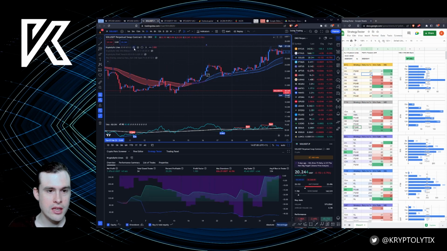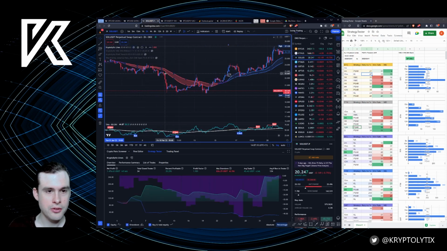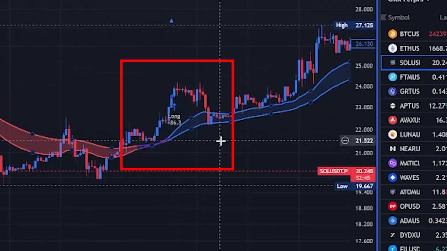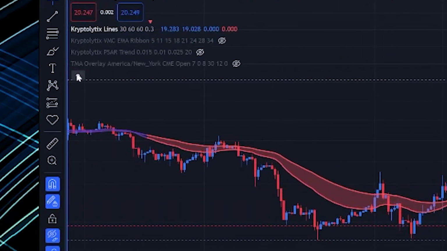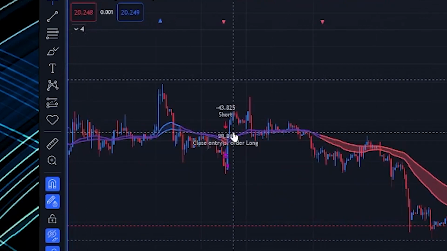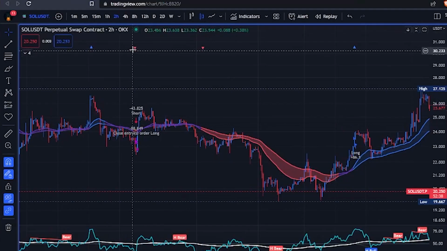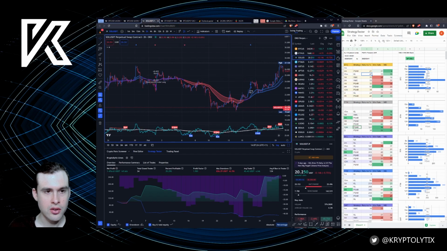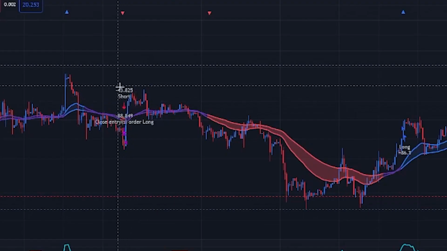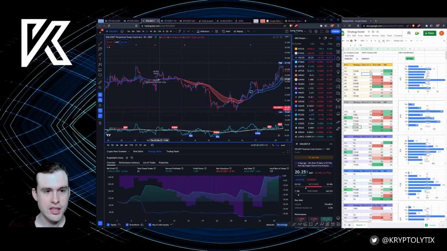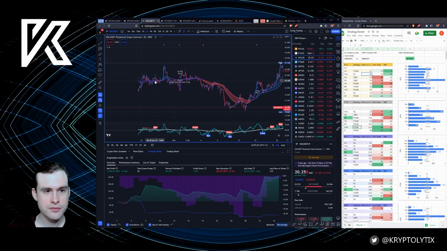So the Kryptolytix lines is basically a couple of moving averages. Once they cross and they stay crossed for a certain period of time, then it flips into a long position or a short position accordingly, because this goes both ways. So these little arrows up the top here indicate where that is. And also you can see, as this is a strategy, that the short position, for example, was here.